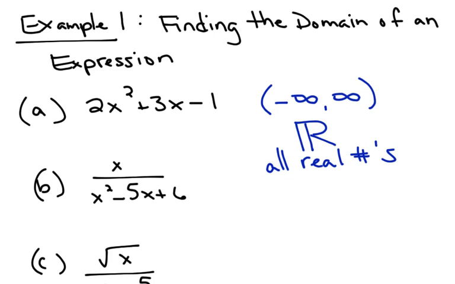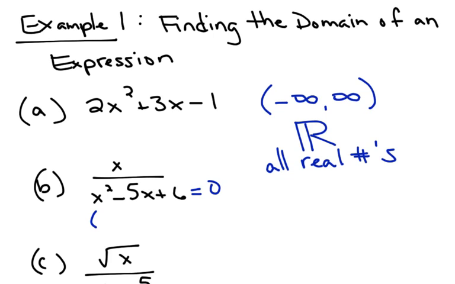In part B, though, remember anytime you have a fraction, you cannot have 0 in the denominator of a fraction. So anything that makes that denominator equal to 0 is not in the domain. Well, one way of figuring out the answer to this is to factor x squared minus 5x plus 6. That's really the most direct route. There are other ways of doing it.